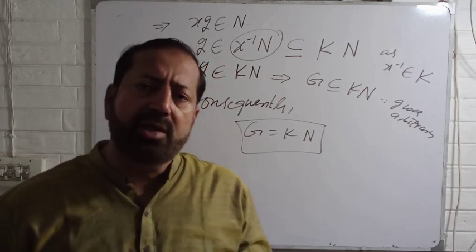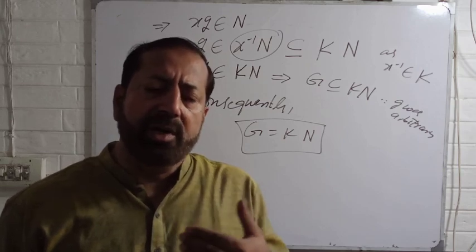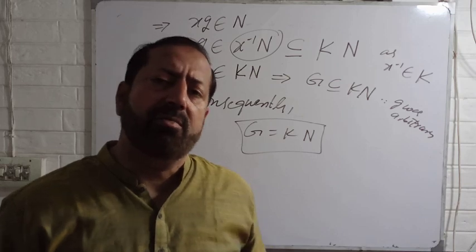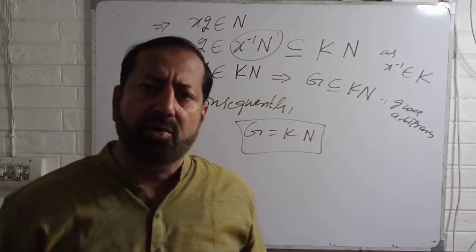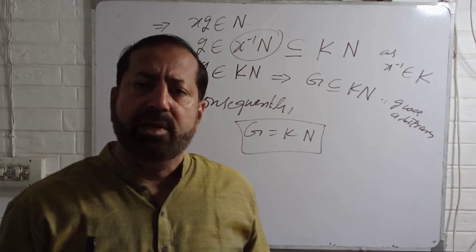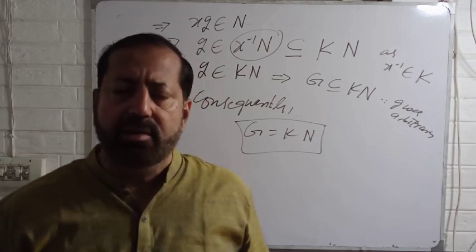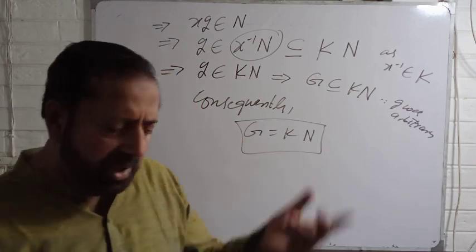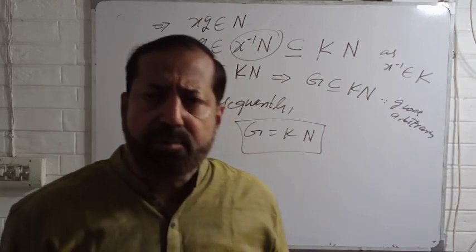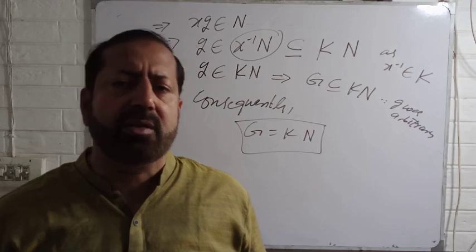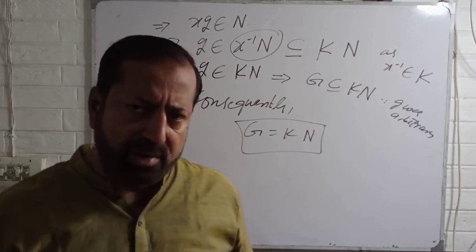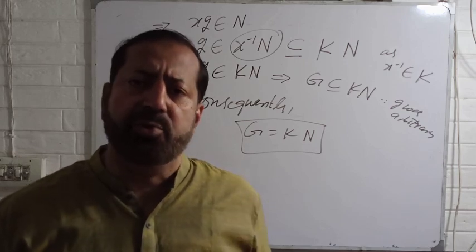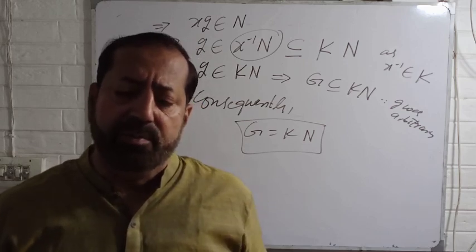If K is normal in G and H is Sylow P in K, then you find the normalizer of that Sylow P, and that normalizer would be the second factor to decompose capital G like this. So if you have a normal subgroup and you can find a Sylow P subgroup of that normal subgroup, then in fact you are finding the decomposition of your given group.